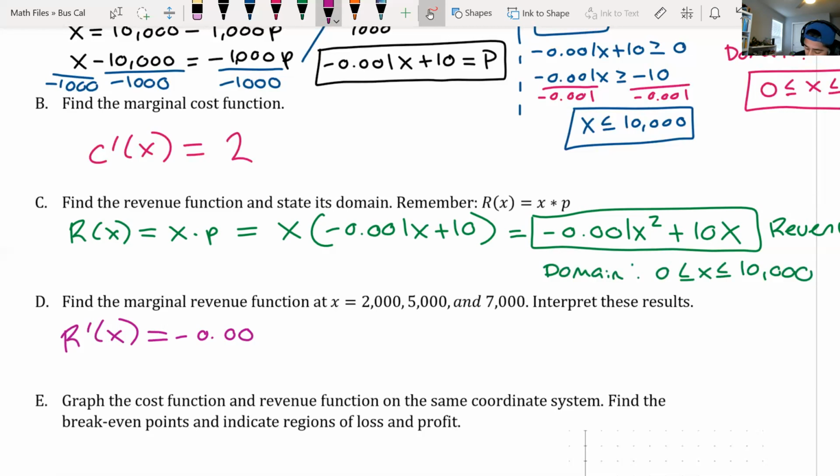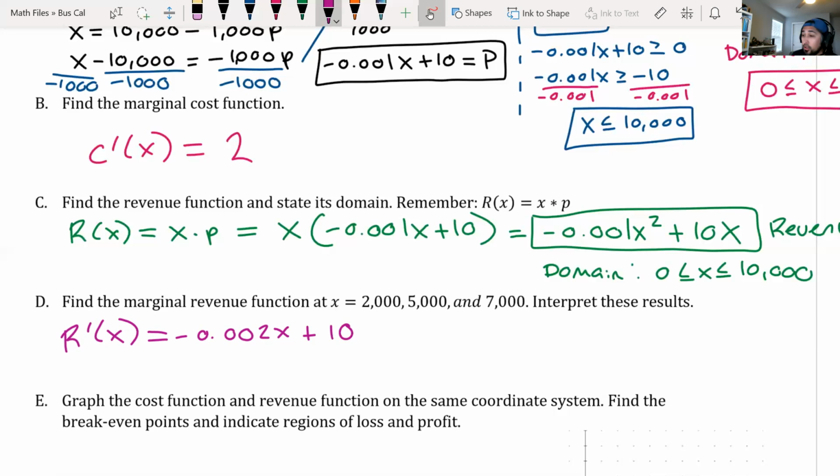Remember that 2 comes down and multiplies the 0.001, giving me negative 0.002x, plus, what's the derivative of 10x? The derivative of x is 1, which means 10 times 1 would be 10. So there's our marginal revenue function.